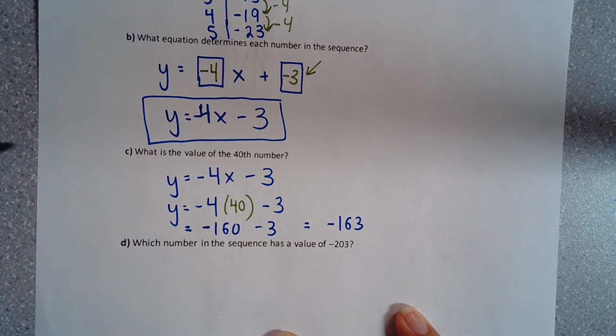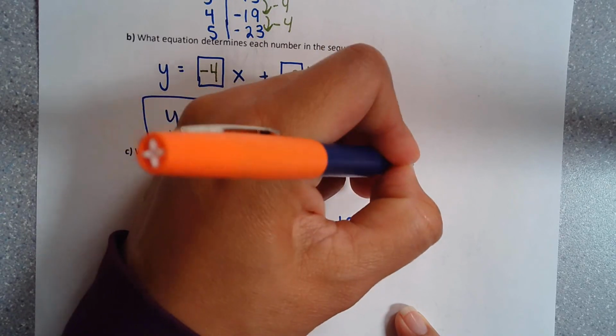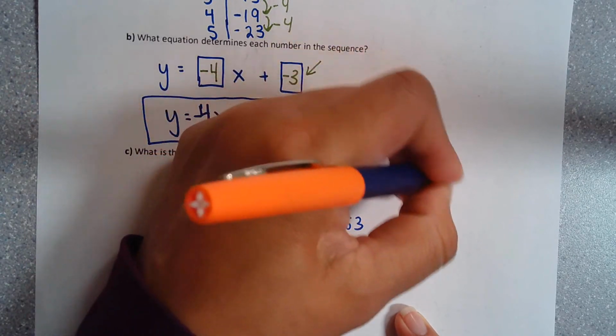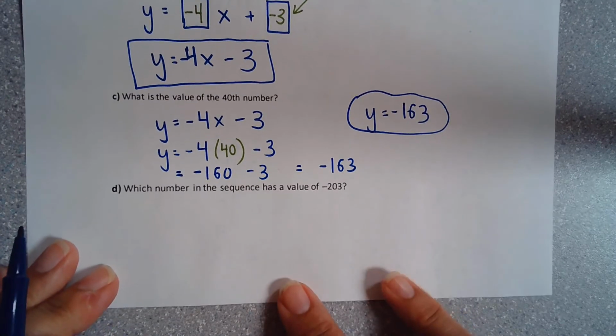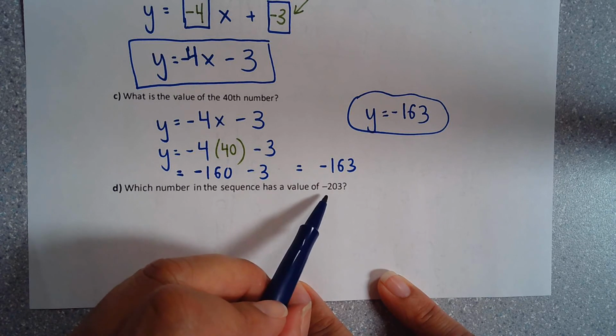So I can say that the 40th number has a value of -163. So y equals -163.